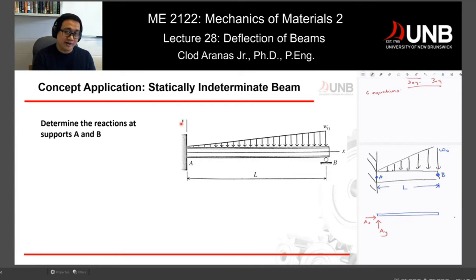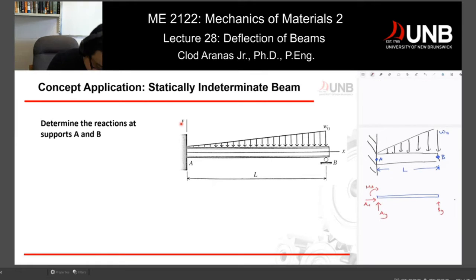Even though A sub X is equal to 0, you have to specify that as well. So A sub X is equal to 0. And then your moment is, let's say, and right now I'm just assuming all the values. And as you know from your mechanics 1, right now we are assuming it, but if you plug in the actual numbers, it will just tend to self-correct itself. The moment could be the other way, or the forces could be the other way, but right now that's our assumption. So now we have B sub Y.